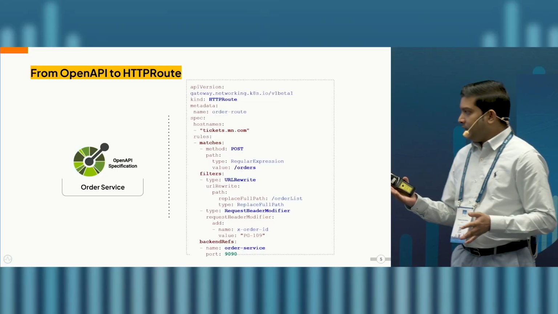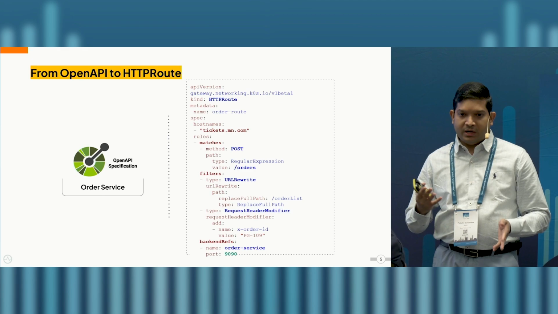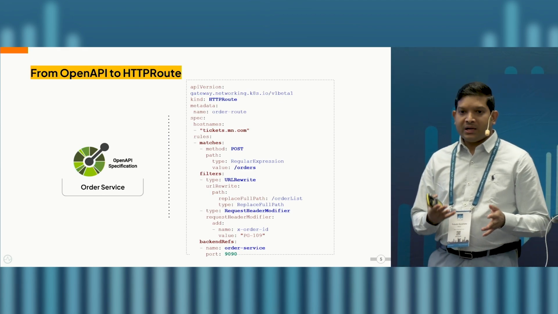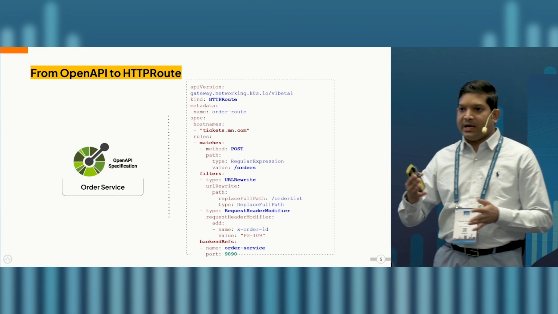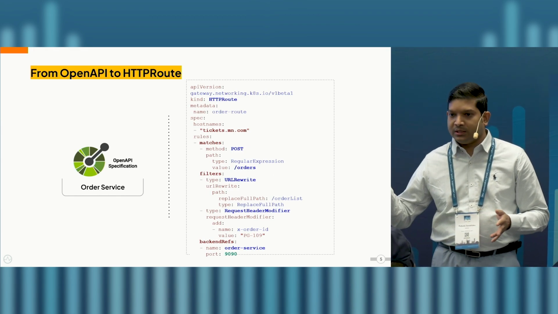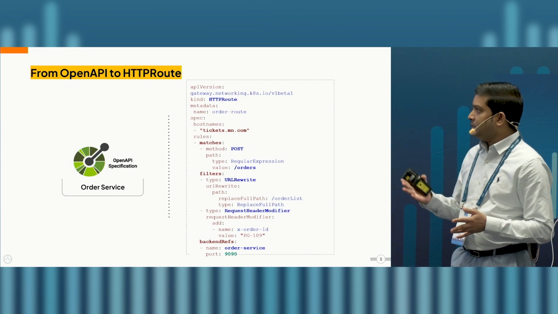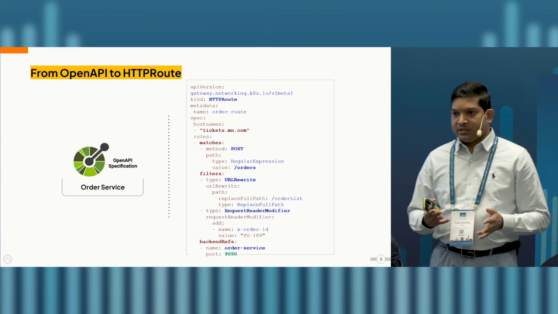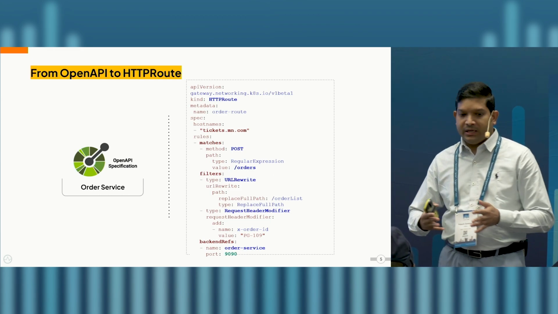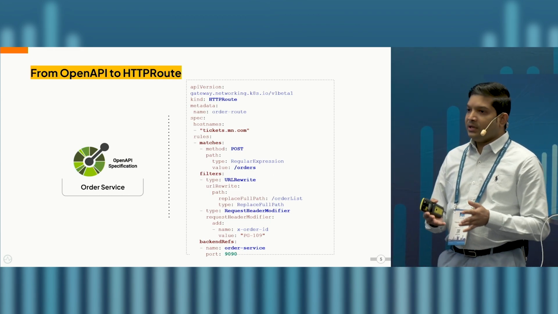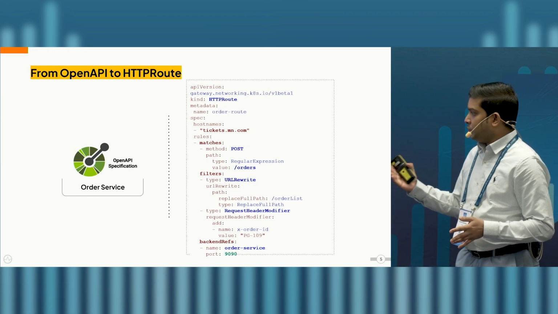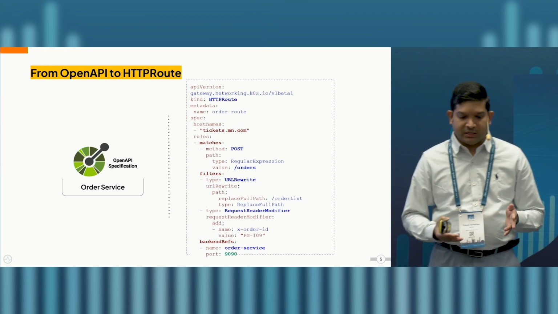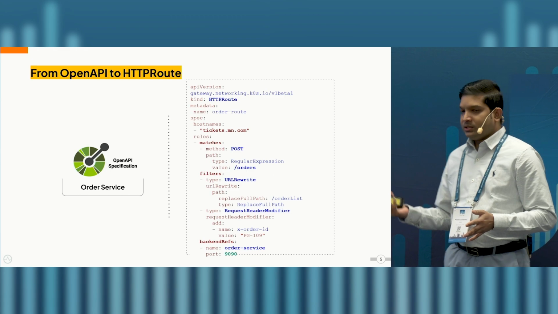Under the backend refs, that's where you define your backend service and a pod. So what happens is that when the request lands, if it matches the POST method with the resource orders, and then these 2 filters are applied, eventually the request is routed to the backend ref, which is the order service.